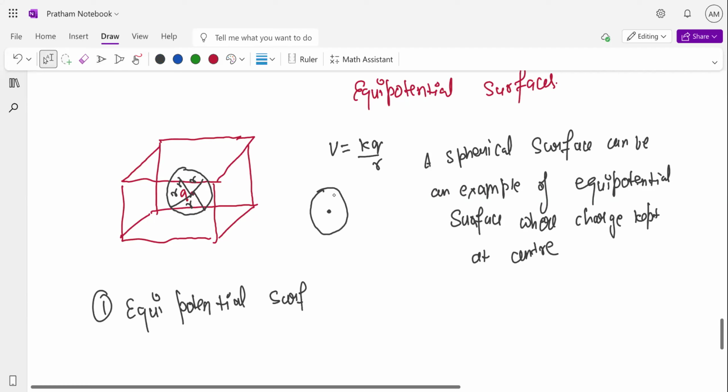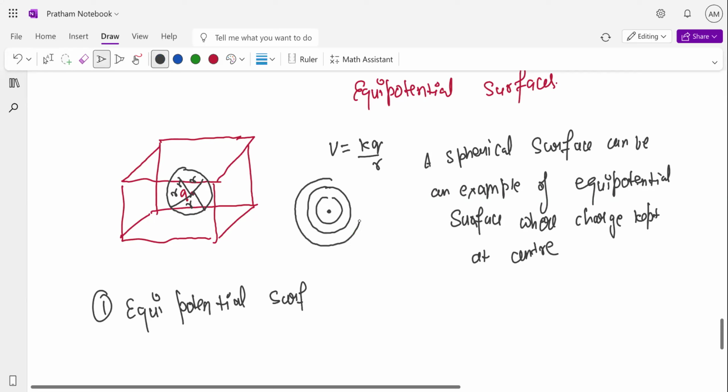No, because the distance is different. If I adjust this sphere so that it becomes an equipotential surface, it will be a concentric circle.